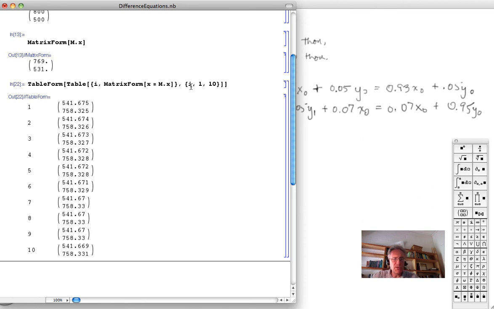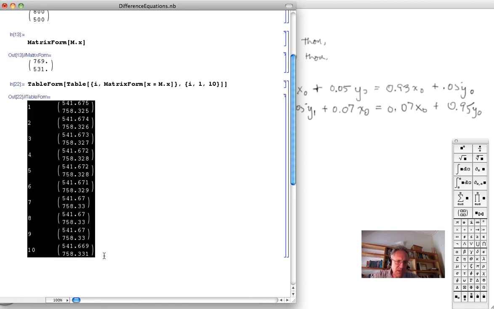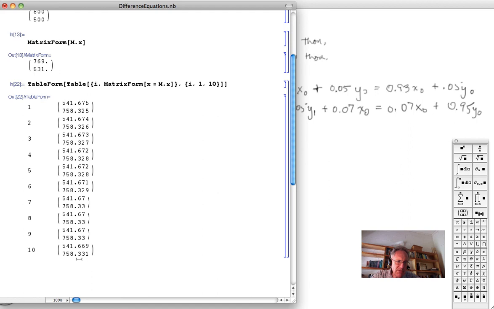So it appears that our little system is coming to an equilibrium, an important concept. This last value, 541.7 basically, and 758.3, seems to be about where the population settled down under these circumstances.